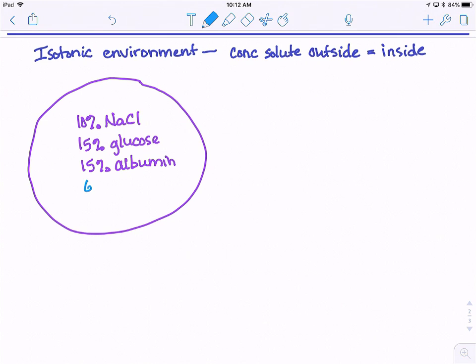Let's see, 60% water. So same cell, same kind of cell that we've been using in all the scenarios.